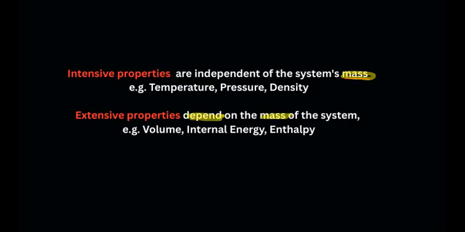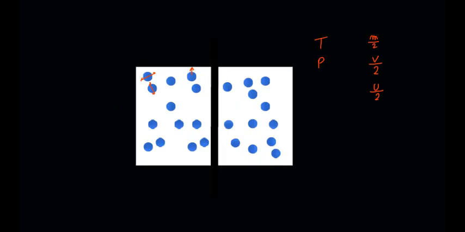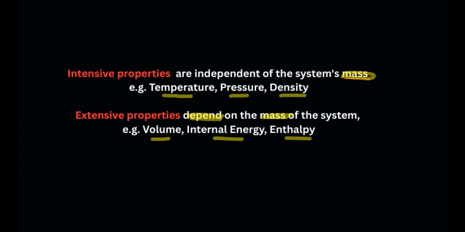So what are examples of some of the intensive properties? Temperature, pressure, density. And some extensive properties: volume, internal energy, enthalpy. Now, this was a big concern for the scientists. Why? Because if the system is defined based on extensive properties like volume, internal energy, enthalpy, which are very important properties, by the way, these properties are going to change as soon as the mass of the system changes.